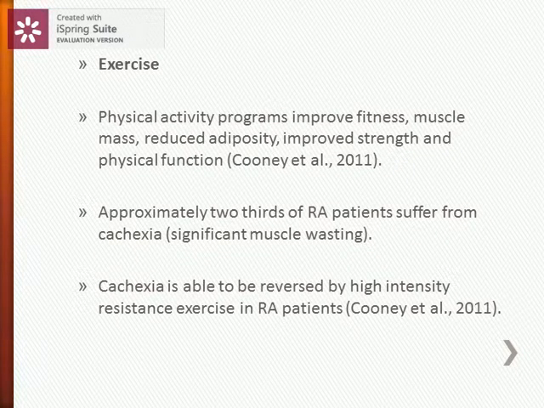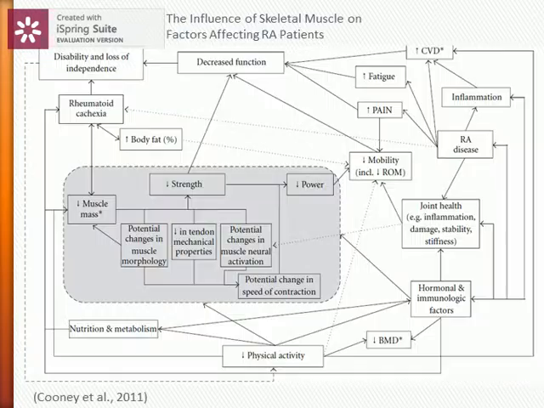Physical activity programs improve fitness, muscle mass, reduce adiposity, and improve strength and physical function. Approximately 2/3 of RA patients suffer from cachexia, a significant muscle wasting. Cachexia is able to be reversed by high-intensity resistance exercise in RA patients.